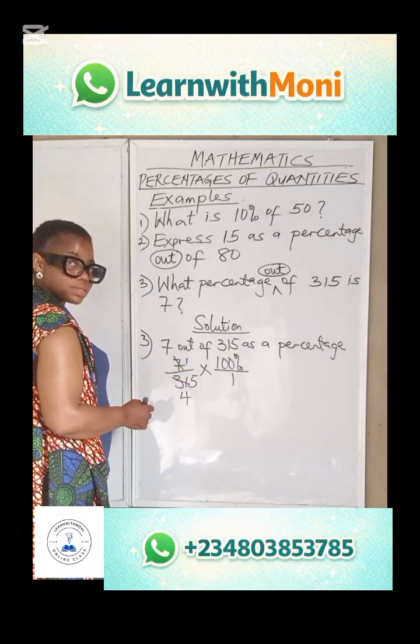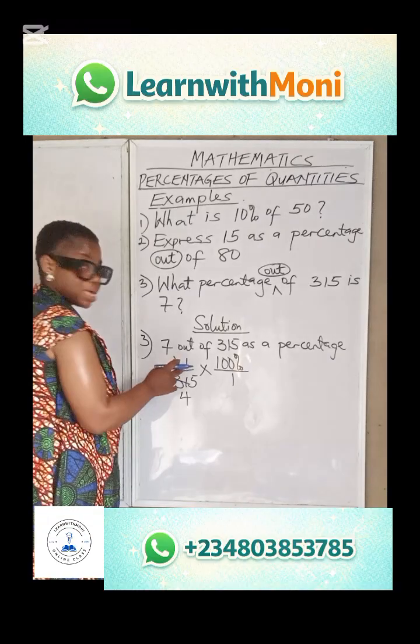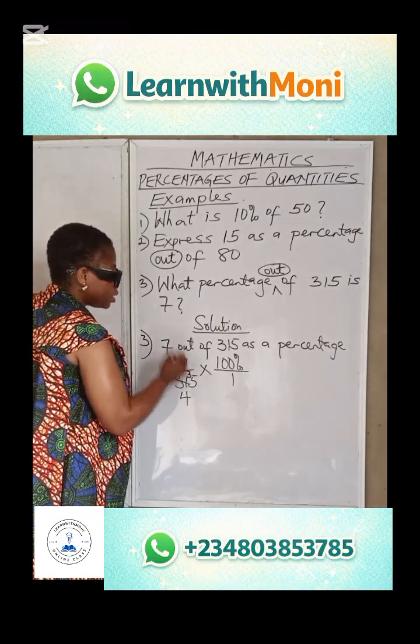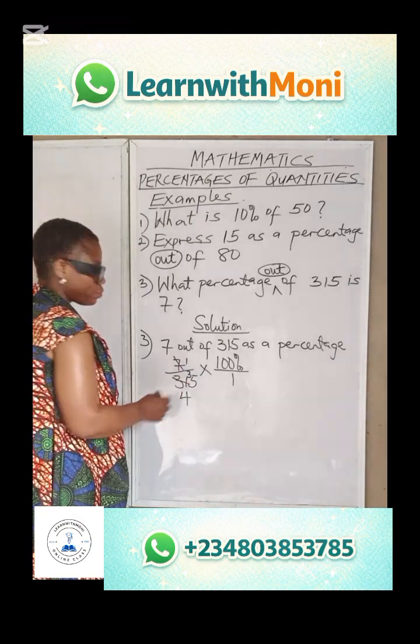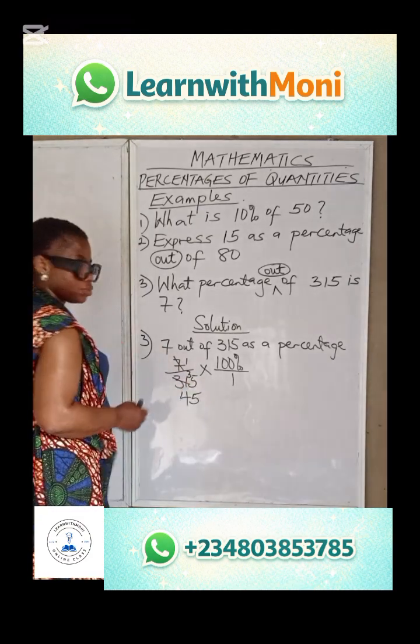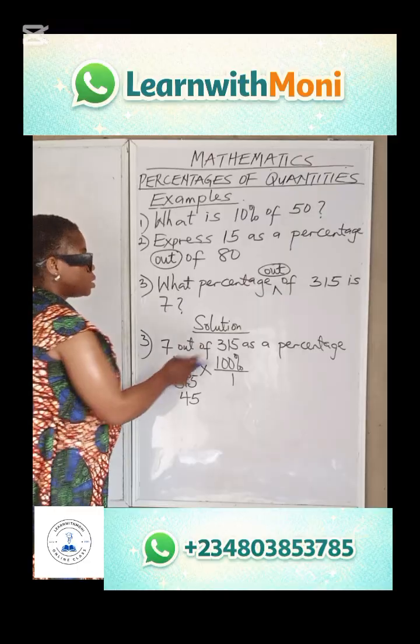I hope you agree with that. 7 times 4, that is 28, and it will remain 3. You put that 3 in front of that 5, you have 35. How many 7 in 35? That is 5. We have finished dividing that.